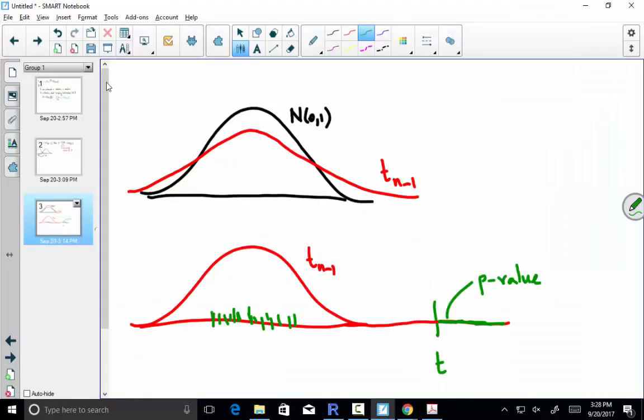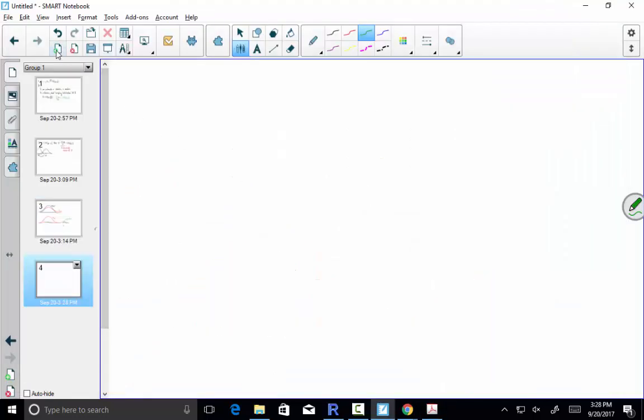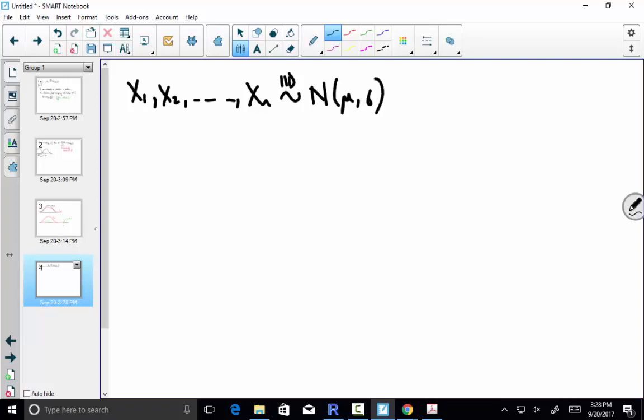Let me say something about confidence intervals. We observe data. This is the univariate case. Suppose they're normal. Based on our data, we compute sample statistics: sample mean x bar and sample standard deviation s.